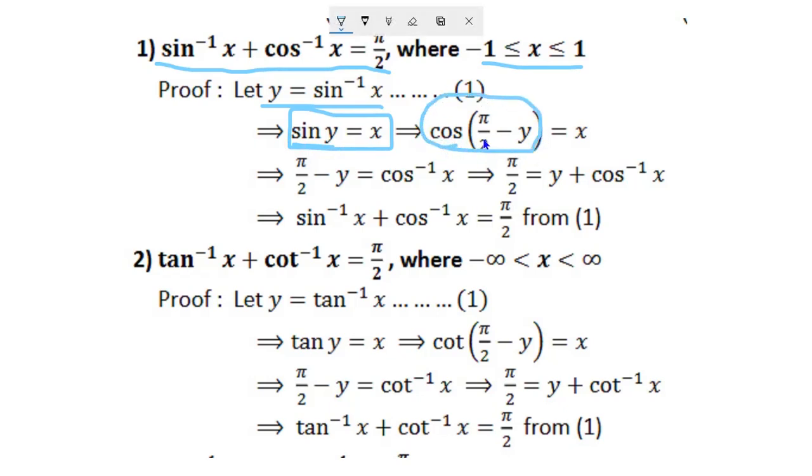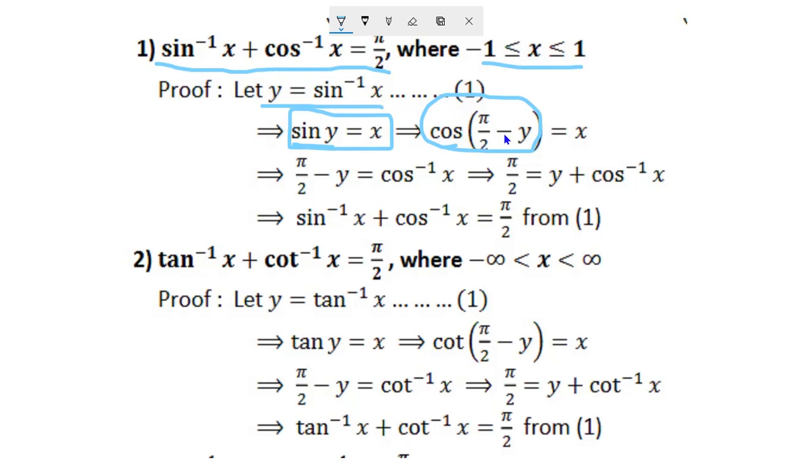And cos of pi by 2 minus y is definitely greater than 0, and definitely it is greater than 0 and less than pi. The reason is, y is sin inverse x, and definitely it is less than pi by 2, and you know the domain and range of the inverse trigonometric function.